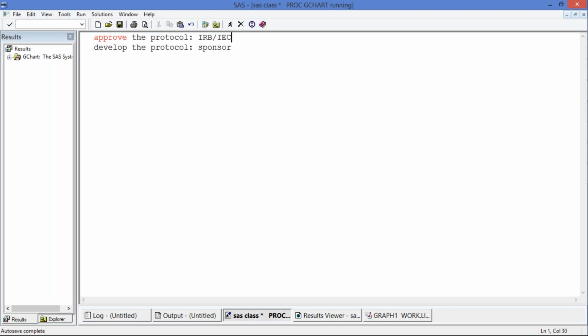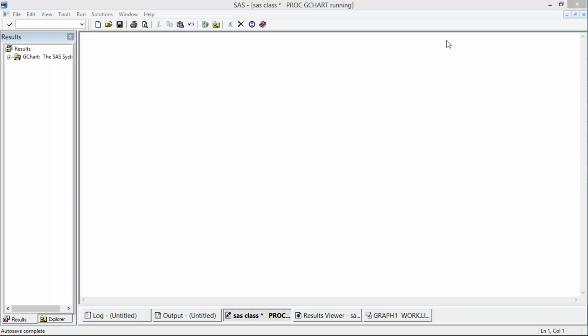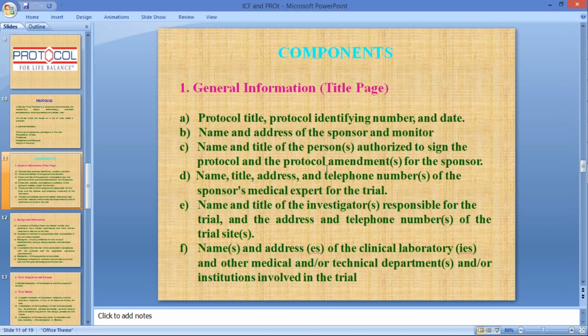Is that clear? So the protocol is approved by the IRB, and the protocol is developed by the sponsor. The date will be there, the approval date. Protocol title, protocol ID, protocol approval date.